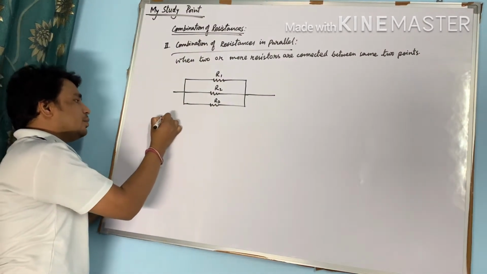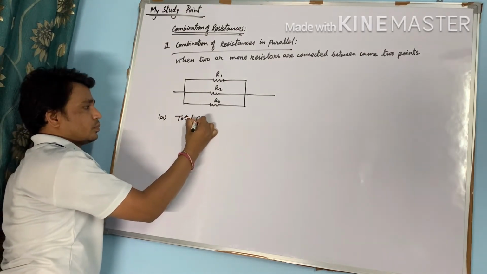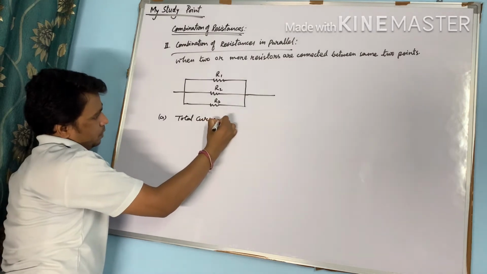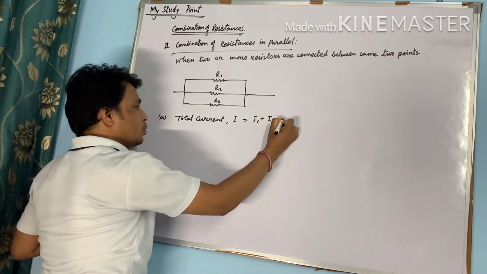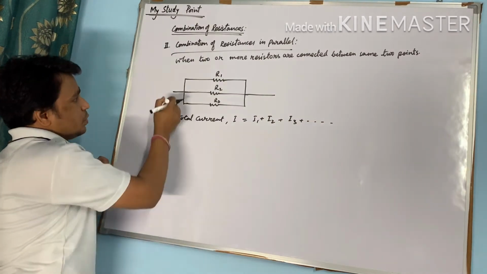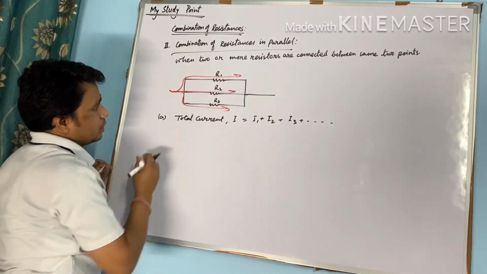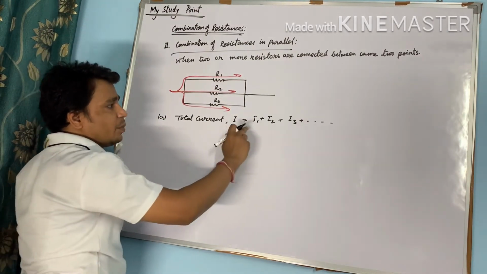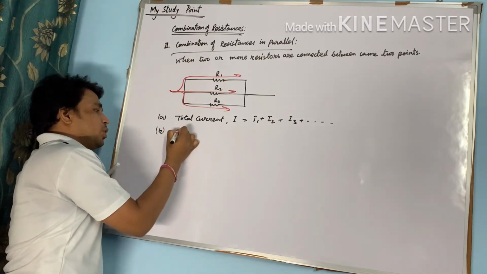In parallel, the total current I is equal to I1 plus I2 plus I3 and so on, because when current passes through each individual resistance, the current divides into separate paths.